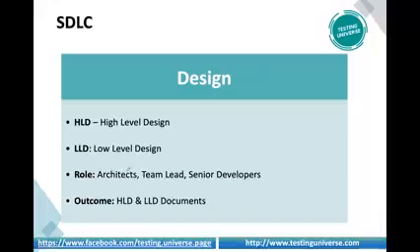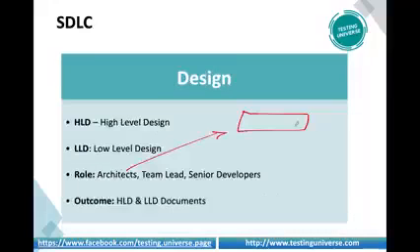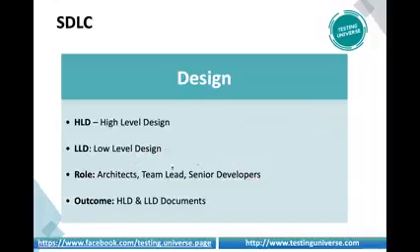Okay, this person is the main person who is going to give the high level and low level design documents, with the help of the software requirement specification as well as the business requirement specification document. Along with him, the team leader and senior developers will also be involved in this. Okay, so the outcome of this particular phase is the high level and low level design documents, right?